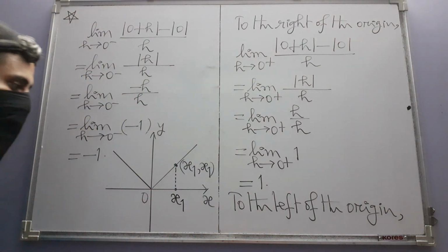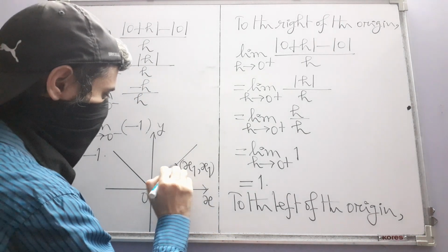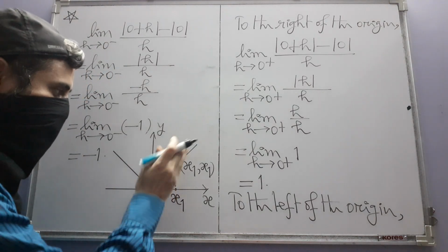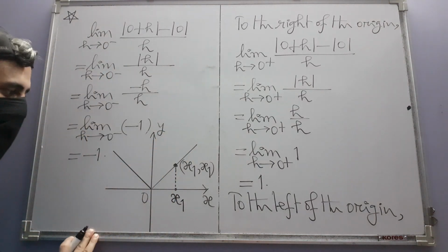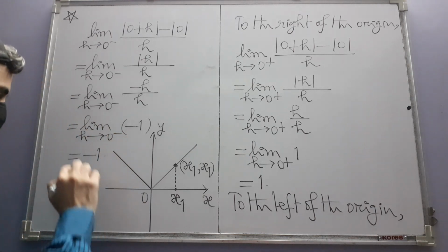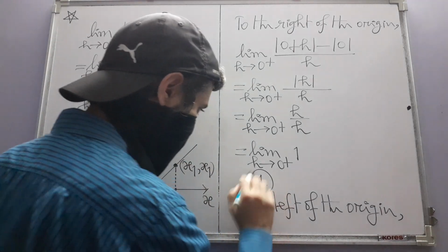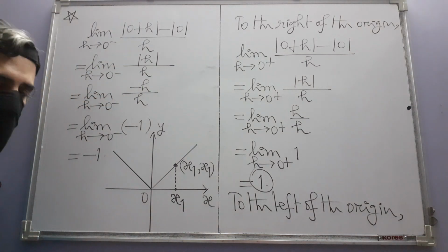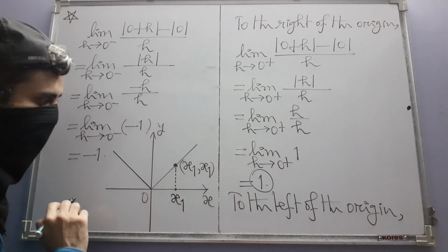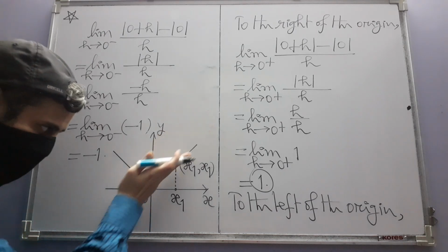There is a tangent to the graph at this point, which is this line itself, and the slope of that line is 1, which you see here at 0 also. At 0, however, that is not the derivative of this function, but the right hand derivative.